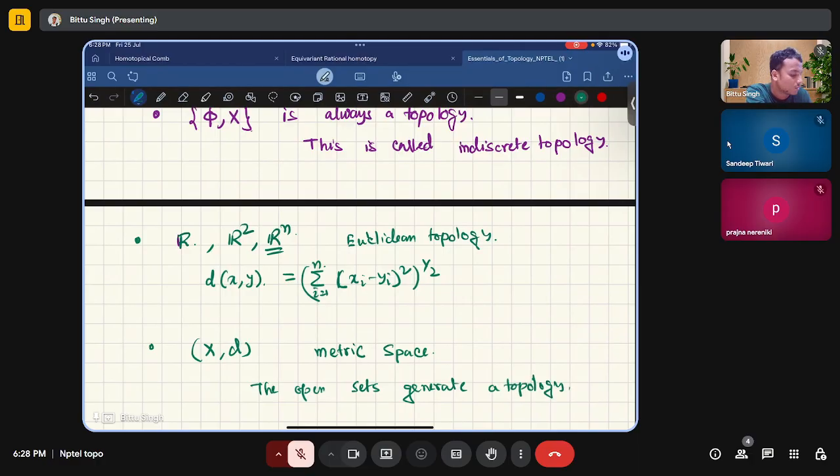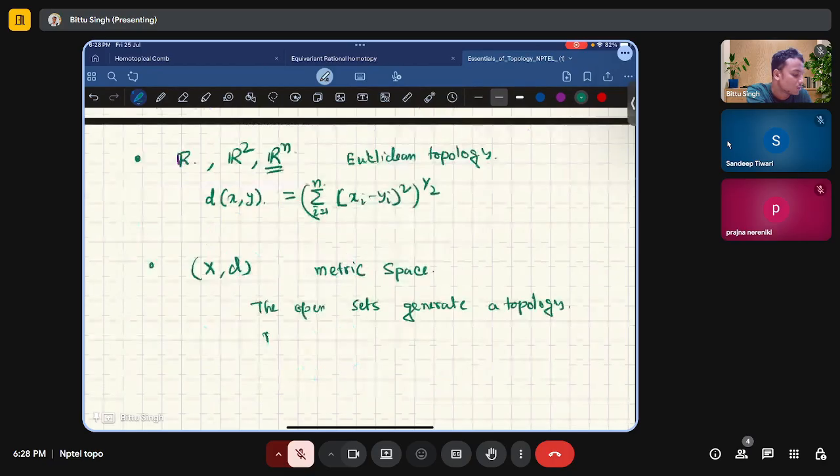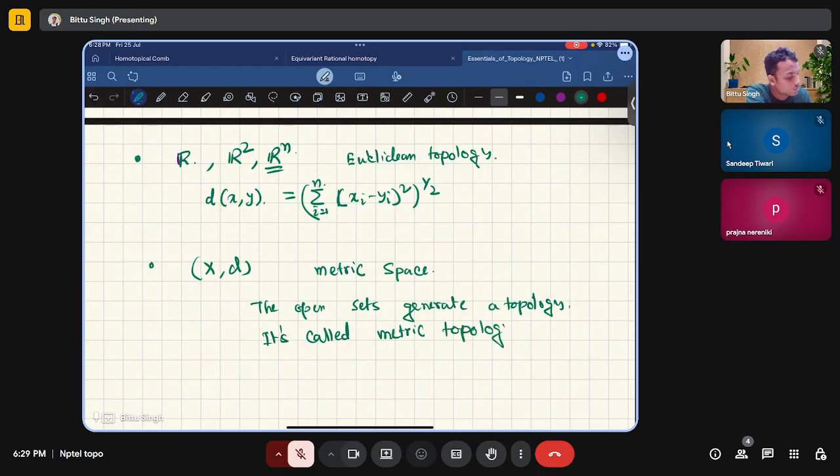We call it the metric topology. So you can compare those two topologies. That is, is the metric topology the same as the discrete topology? For example, in this case, can the Euclidean topology be the same as the discrete topology?